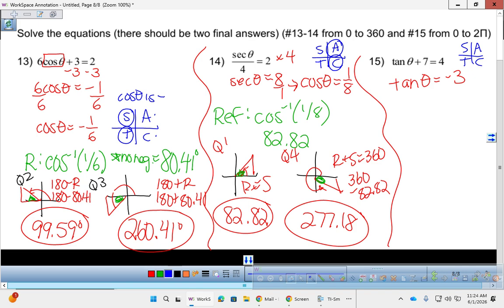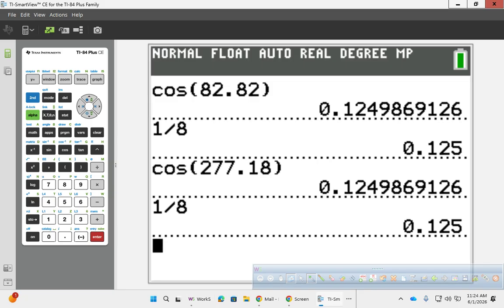Just the same. Tangent is negative, so it would be these. I'm still finding the reference angle by doing the tangent inverse of 3. It's just, it's not going to be something between 0 and 90. It's going to be something between 0 and pi/2, which is a weird decimal. So your reference angle is going to be a weird decimal.